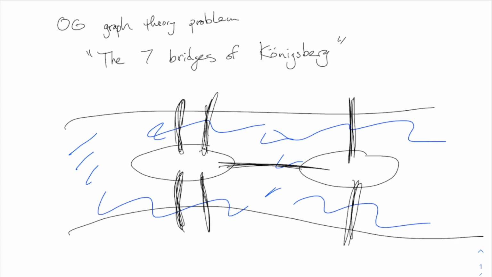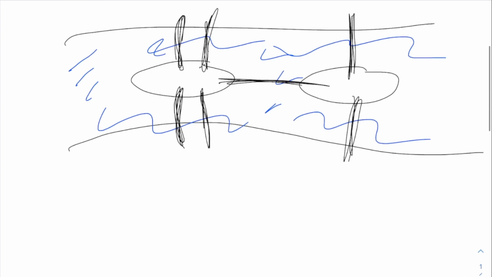All right, and I believe Euler lived in this city, or went there at least, and heard about the local people used to talk about the bridges. And there was a question that everybody used to like to chat about, and that is, can you walk across each bridge once?